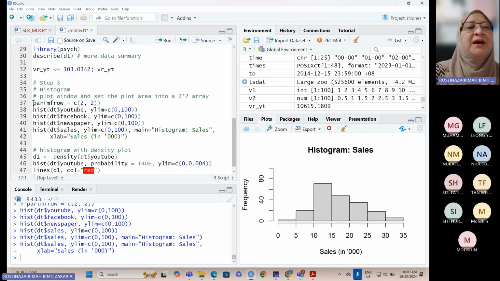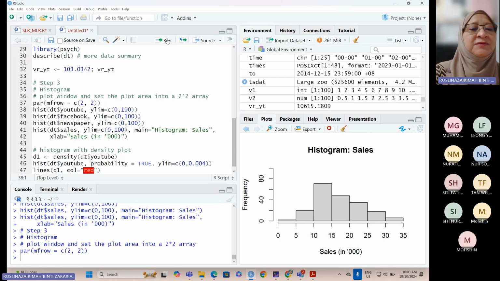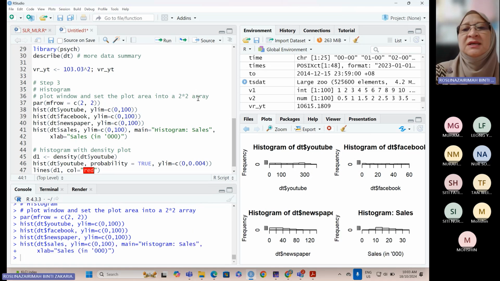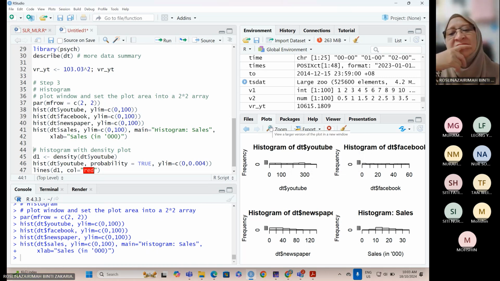You can use par, m, that means matrix. This is the format, so you can see. Can you see that? It becomes in one. I want to zoom it in one place instead of separately.